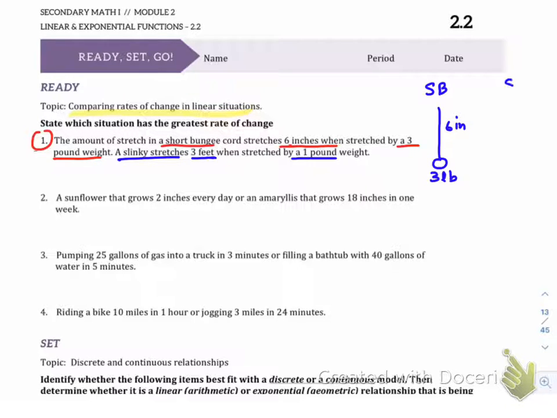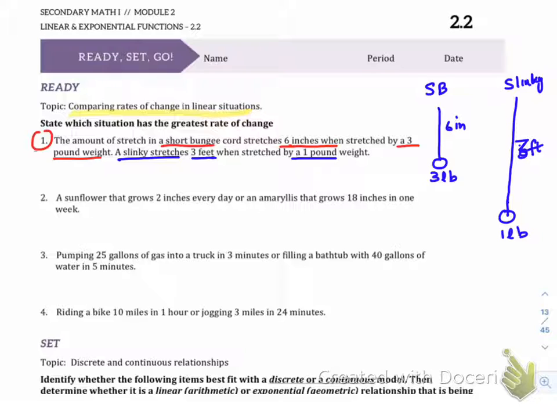But for the slinky, if you have 1 pound, it's going over 3 feet. It may not be proportionate, but I just drew it. We need to figure out which one is stretching more. When I look at it, I feel like it's the slinky, but we can do the actual comparison.